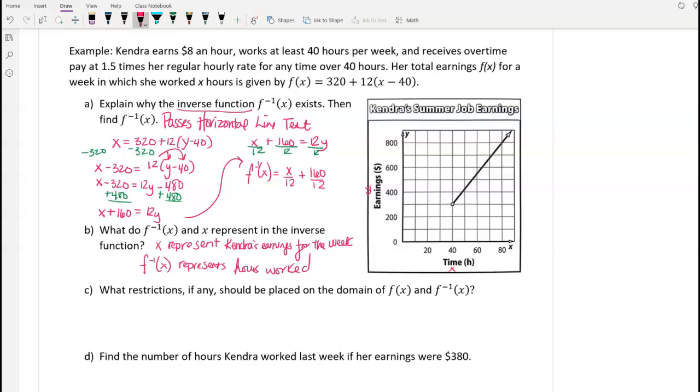All right, now it says what restrictions, if any, should be placed on the domain of f of x and f inverse of x. So if we take a look at f of x as it is, do we have any domain restrictions? Well, we actually do. We know that she works at least 40 hours a week, which means we can include the number 40.